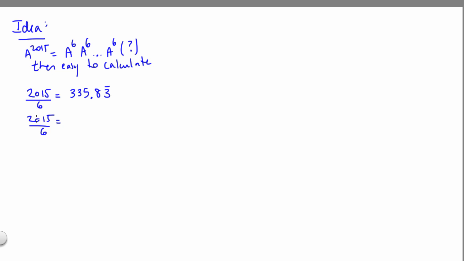Might be a little bit nicer to write 2015 over 6 is equal to 335 plus 0.83 repeating. And if we then go through and multiply both sides by 6, then we've got 2015 is equal to 6 times 335 plus, we'll have this remainder here. If we go 6 times this expression here, we're getting 5.